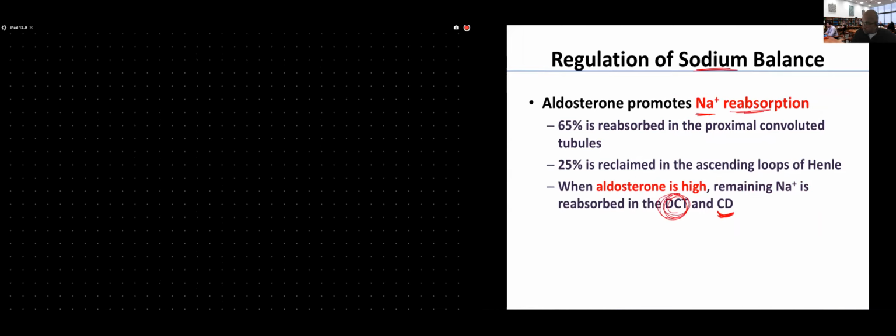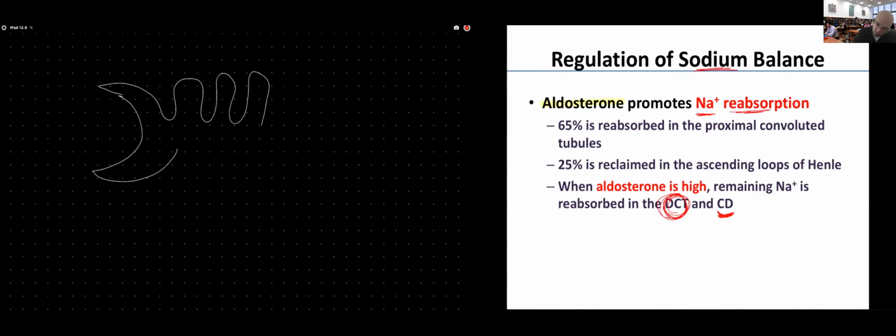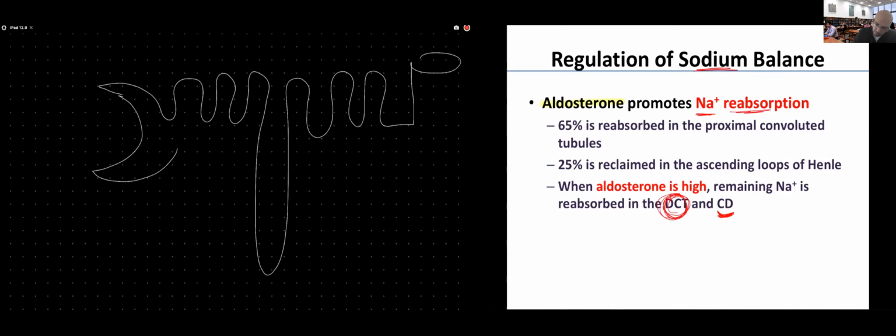The amount of sodium that I can reabsorb under the effect of aldosterone is only 10% of the sodium that gets filtered. So if I'm following the sodium: proximal convoluted tubules, loop of Henle, distal, and collecting ducts.